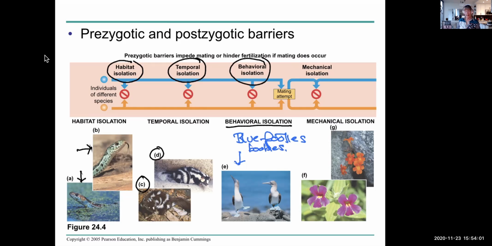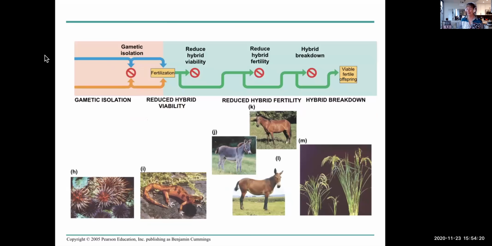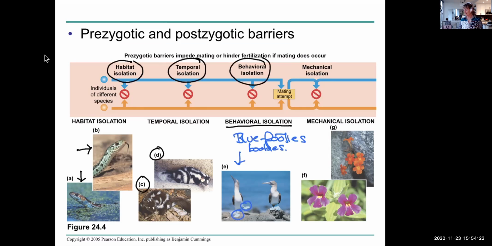And their behavior is to lift up their feet to show their potential mate how beautiful and vibrant their feet are, which attracts the other individual immensely. And they think, whoa, those are really nice feet. And they literally walk around, and I can't really show you, but they lift their feet one after the other. Look at my feet, look at my feet.